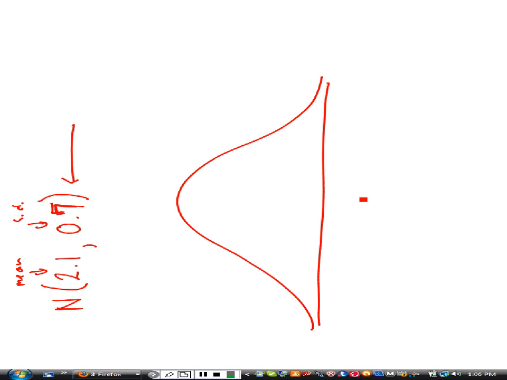Now in our picture, the mean always goes right at the center. So we know this right here is 2.1 years. And the standard deviation we've been given is 0.7. If I go to the inflection point in my curve, the part where it goes most steeply down, right there, I know that this is going to be 2.1 plus 0.7, which is 2.8.